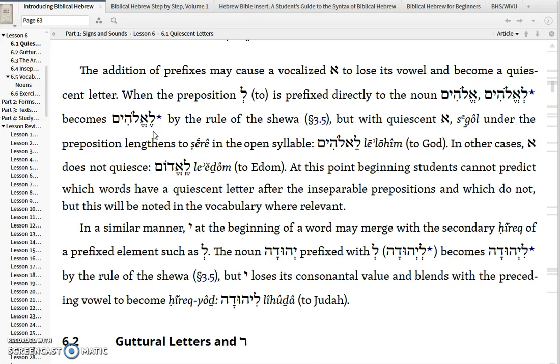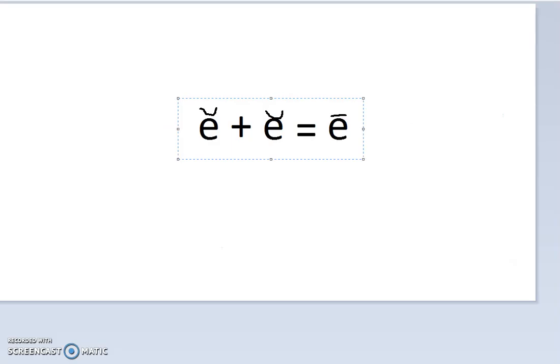However, in this very common word Elohim, it takes one step further, in which you have the short E, sagol, and the short E, hataf sagol, and you will add them together to form a long vowel. You might imagine that arithmetically.